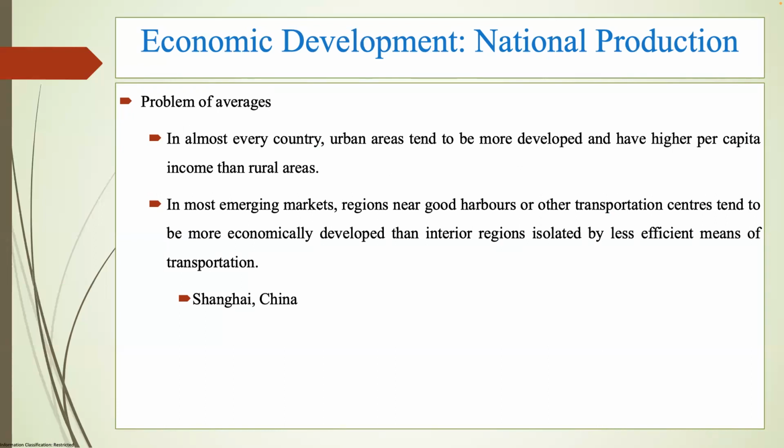In almost every country, urban areas tend to have more development and higher per capita income than rural areas. In most emerging market regions, areas near good harbors or other transportation centers tend to be more economically developed than interior regions isolated by less efficient means of transportation. Example, Shanghai in China.